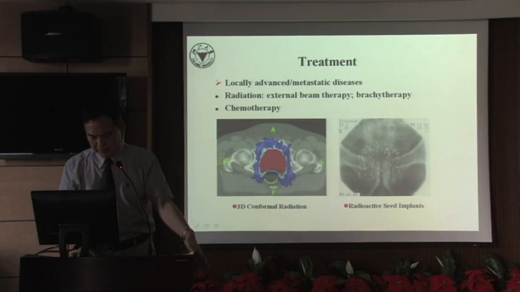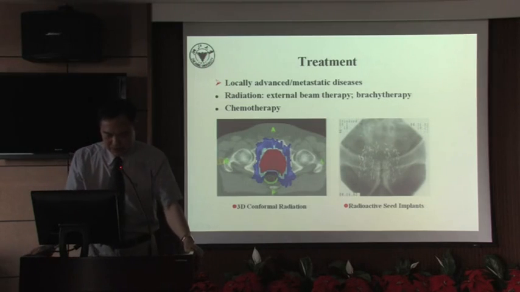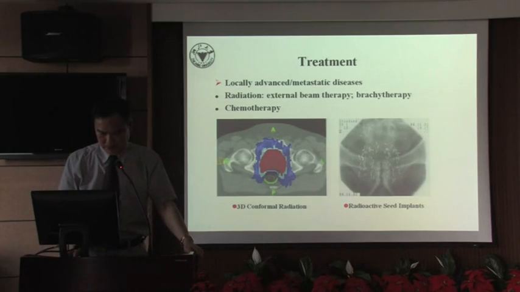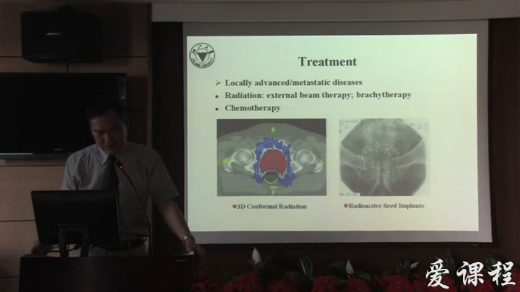We use radioactive seed implants to treat localized prostate cancer. So if the patient has bone metastasis, we can also administer the patient Zoladex, etc.